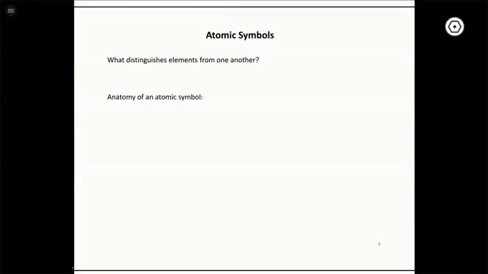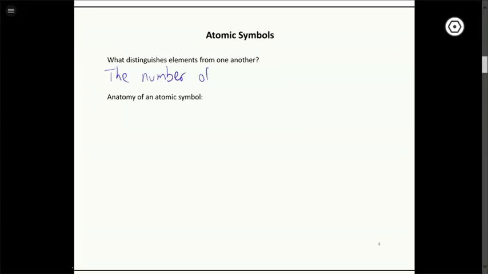The first thing we should realize is what distinguishes one element from another. The only thing you look at is the number of protons in the nucleus. That is the identifying feature of an element: how many protons are in the nucleus. So that tells you what element you're talking about.